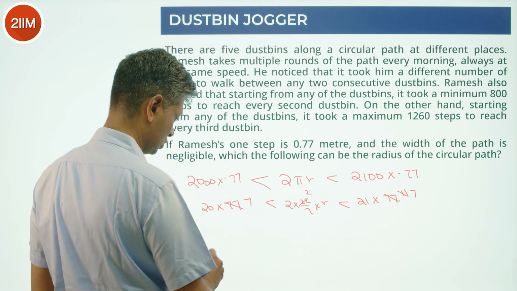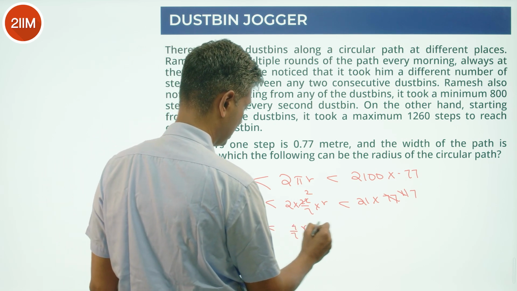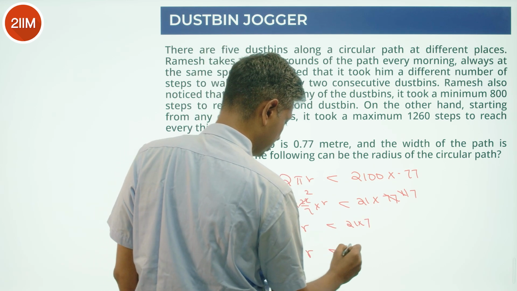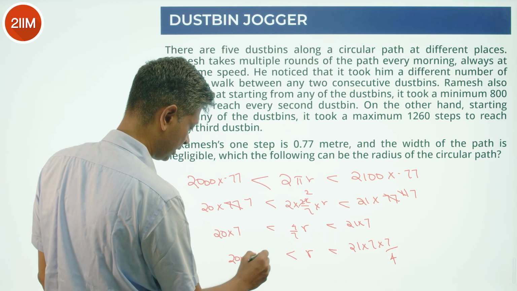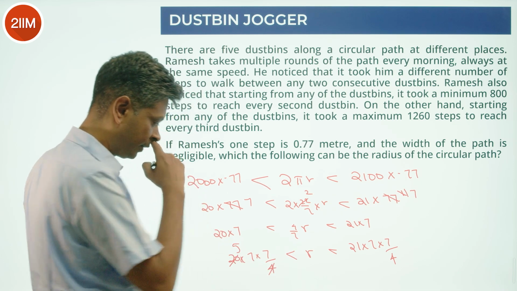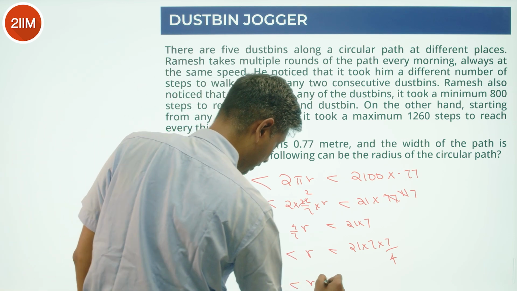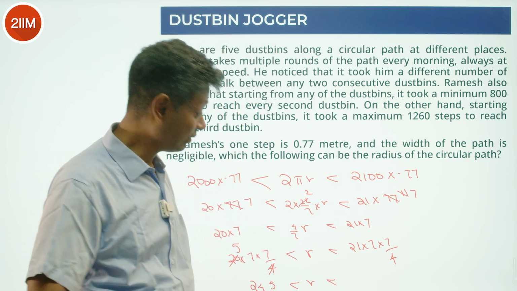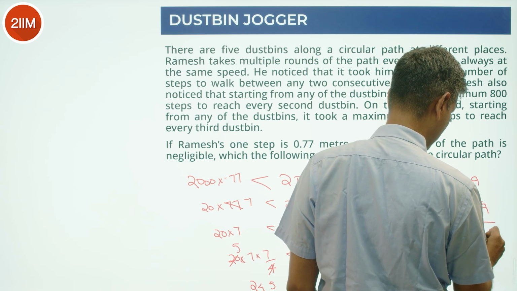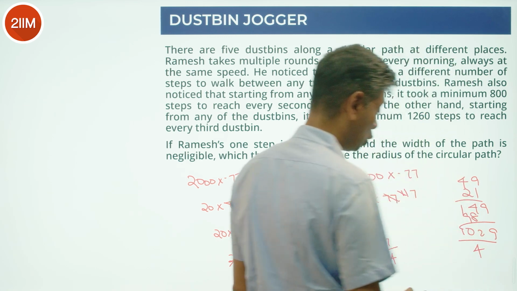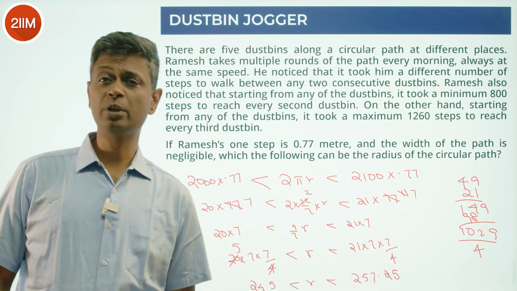This will be 7, or 20 into 7 less than 4 by 7 r less than 21 into 7, or r is between 21 into 7 into 7 by 4 and 20 into 7 into 7 by 4. 5 into 7 into 7, 7 into 7 is 49, 49 into 5 is 245, 245 less than r less than 21 into 7 into 7, 7 into 7 is 49, 49 into 21, obviously this helps if you have a calculator, 1029 by 4, 257.25, r has to be between these two.